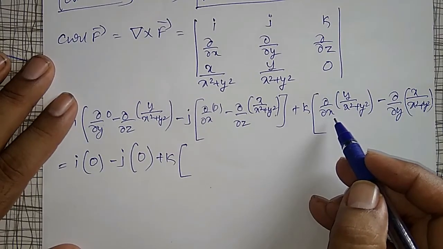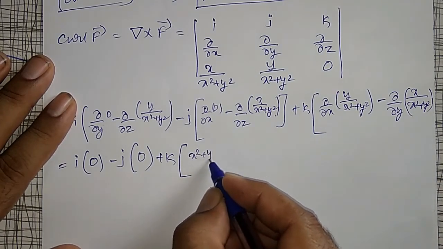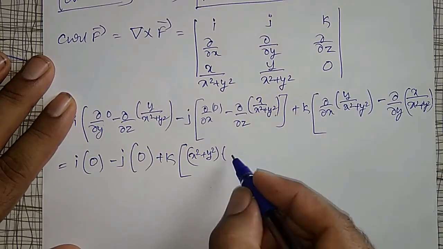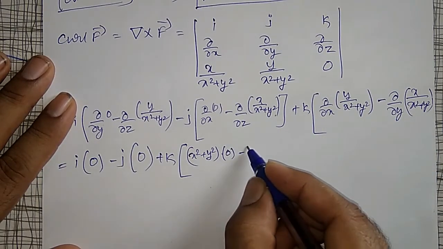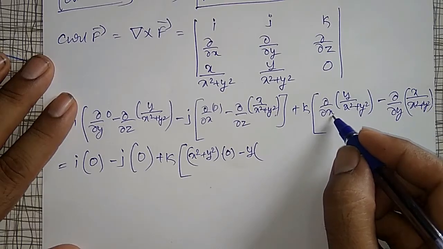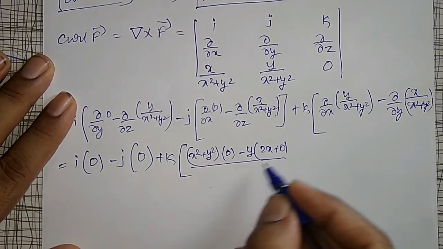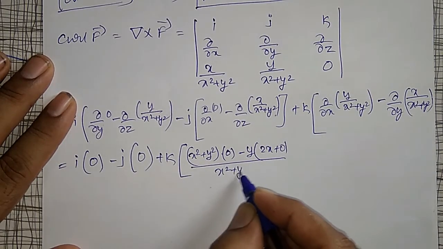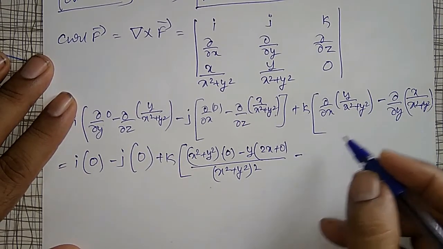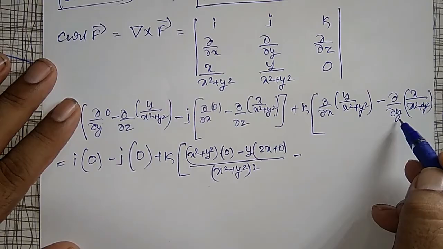For simplicity, let me again apply the quotient rule, that is (x² + y²) into the partial derivative of y with respect to x, which is 0, minus y into the partial derivative of x² + y² with respect to x, which is 2x + 0, divided by (x² + y²)², minus the partial derivative of x divided by x² + y² with respect to y again.